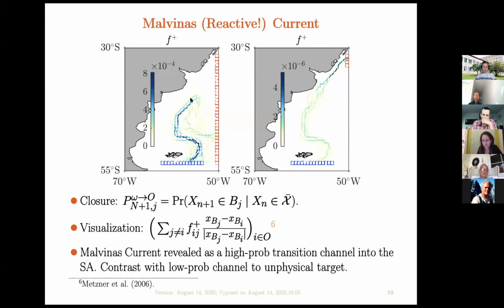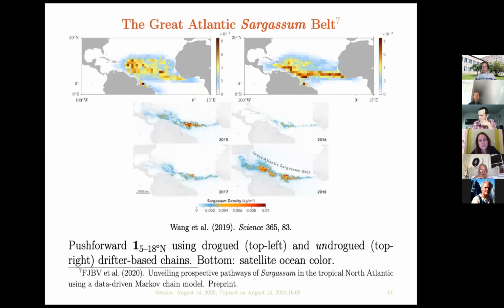This way, we're able to isolate the current more cleanly, and compare to the situation in which we put the target in this unphysical place. You compare, the probability is much lower than the probability in this case. This is for the Malvinas current.